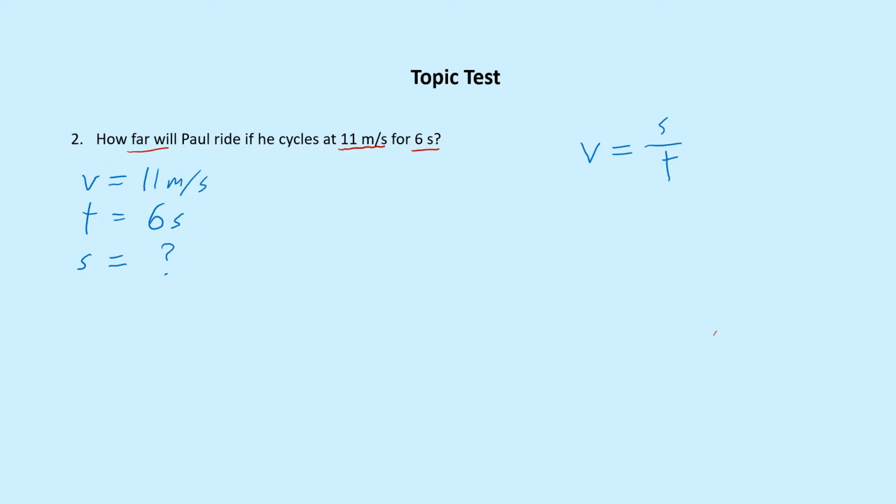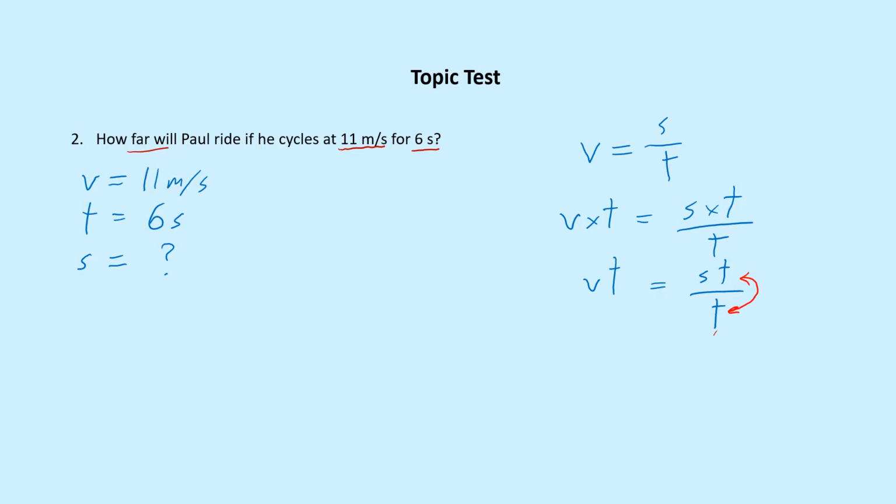So I multiply both sides by t. V times t equals S times t over t. And then I realize that Vt equals St over t, and you've got the t here divided by itself, t divided by t.